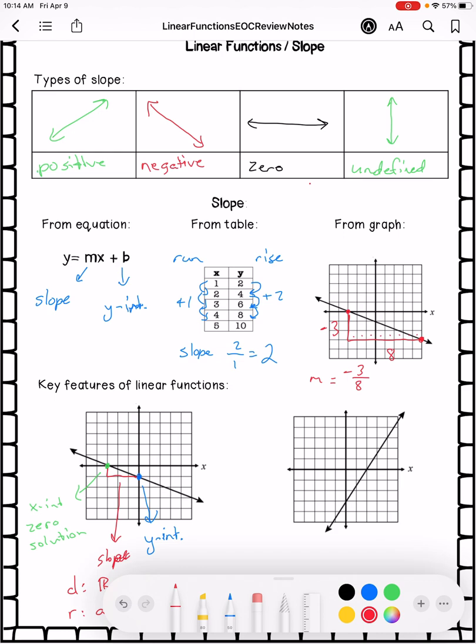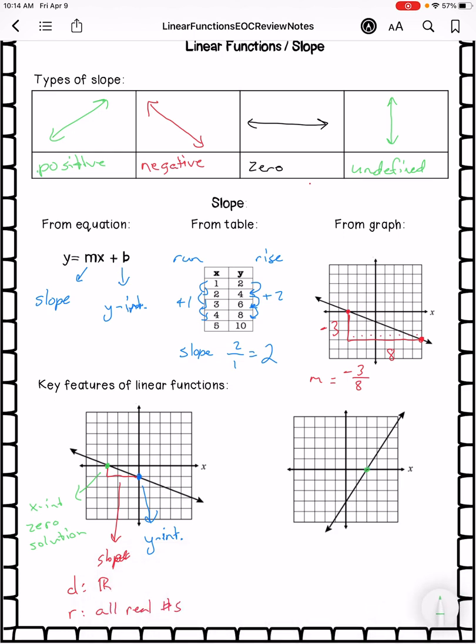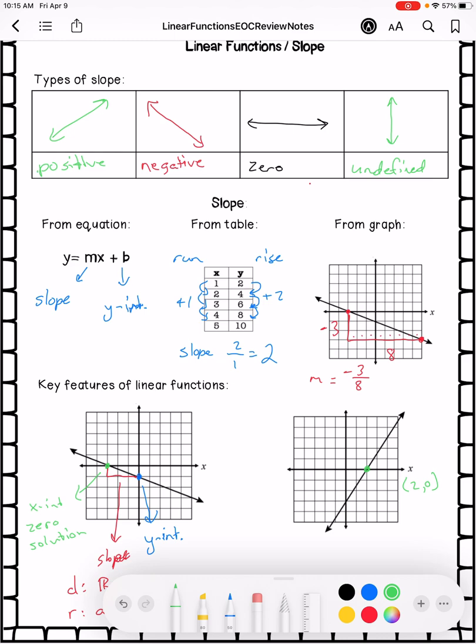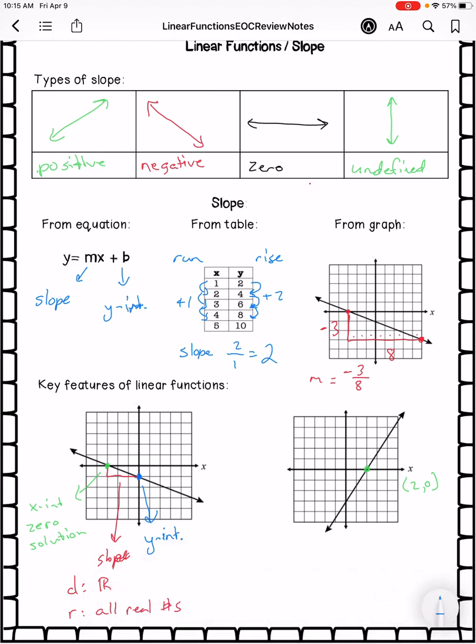Okay, so again, my 0 or my x-intercept would be here at (2, 0). My y-intercept would be here at (0, -3).